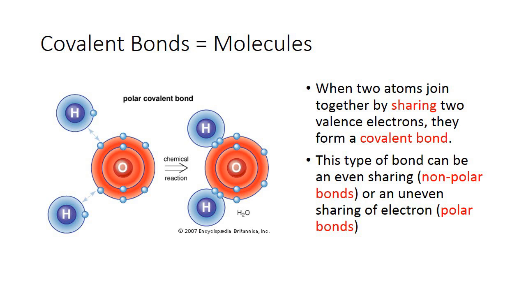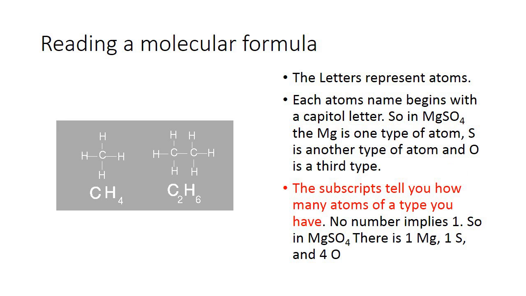So reading a molecular formula, if you look at these two, you see a structural formula and a molecular formula. And the molecular formula just tells you what atoms are present. Every atom begins with a capital letter. Okay? So if you look at magnesium sulfate, the capital M, lowercase g, that's one atom, that's magnesium. The capital S is one atom, that's sulfur.